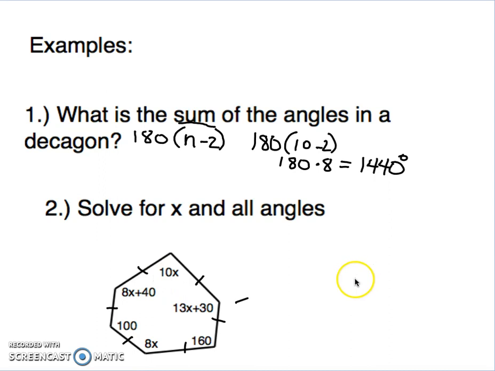So after you know how many sides you have, you go back to the formula and plug in how many sides. So if we use our original equation of 180 times 6 minus 2, because 6 is my number of sides, then I really have 180 times 4, which would equal 720 degrees.